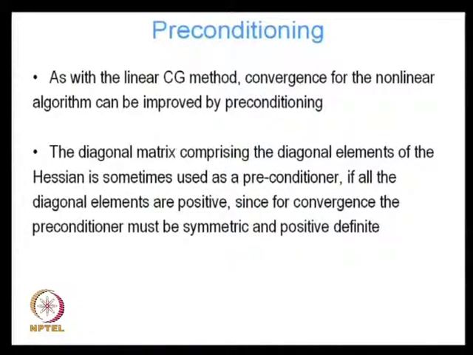Let us talk a little bit about preconditioning for the nonlinear conjugate gradient method. As with the linear conjugate gradient method, convergence for the nonlinear algorithm can be improved by preconditioning.